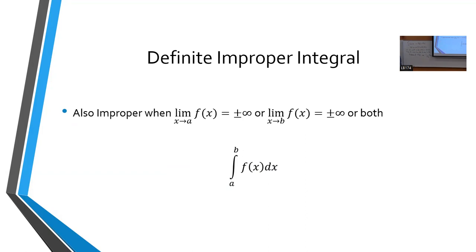Also, we get an improper integral when we have asymptotes too, because oftentimes we can't just plug in a number when we have an asymptote there. Does that make sense?